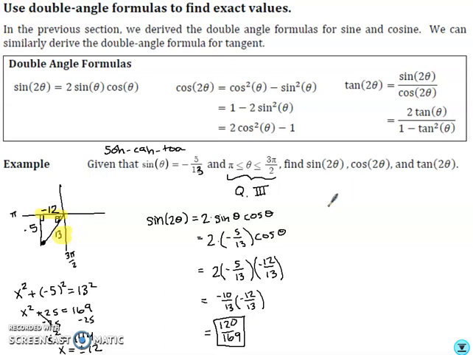Moving on for my cosine of 2 theta, I need the cosine value squared of just theta minus the sine squared of just theta.